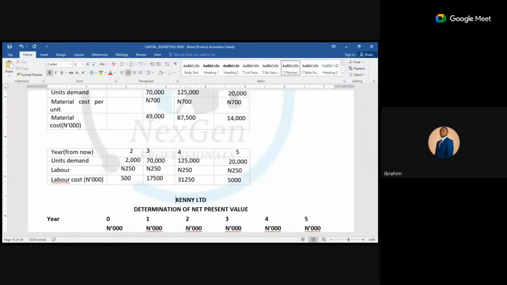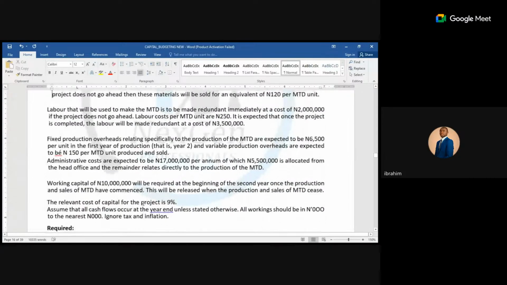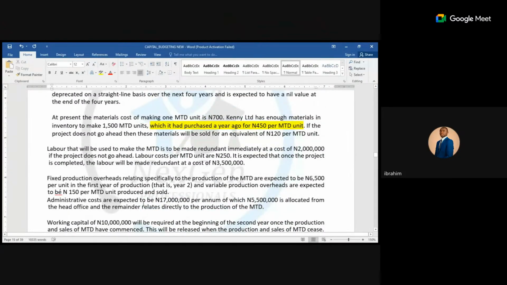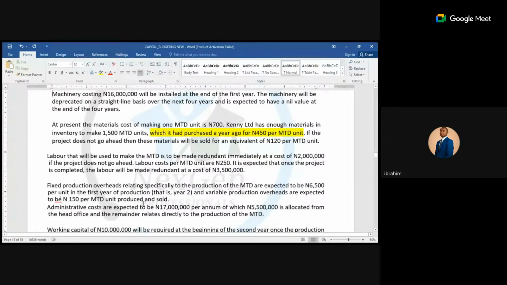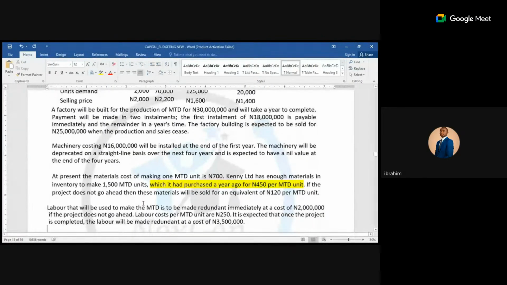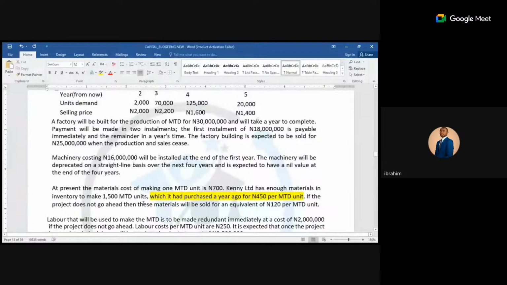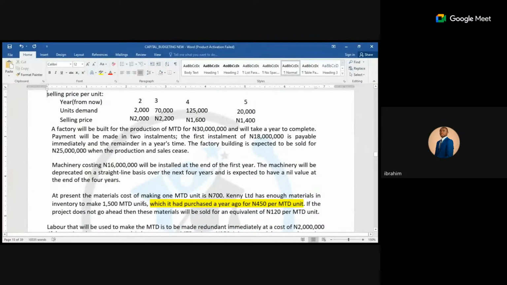Now, class, they say they incur it specifically for the product. So it means that your fixed production overhead does not change according to your demand, and it will start from year 2. It does not change unless it is stated otherwise. They said it is incurred specifically for the project. You cannot be using 6,500 times, maybe you do for year 2, you now still do 6,500 times 1,125, 6,500 times 20,000.